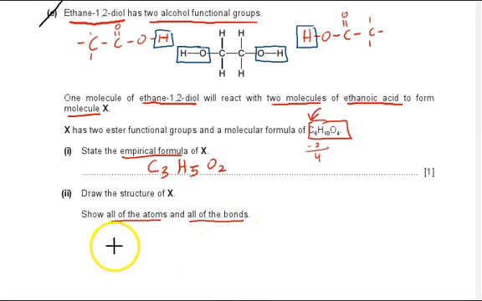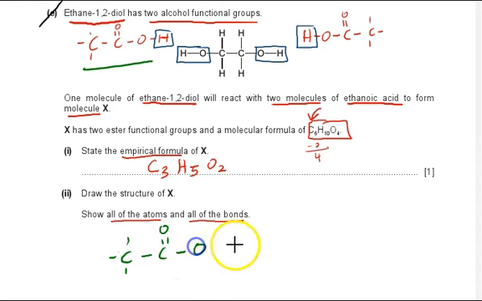Show all the bonds. Okay, now this is for the carboxylic acid: 1, 2, 3 carbons, double bond with the O, then you have an O here, H, H, H, and then you write down the alcohol part.